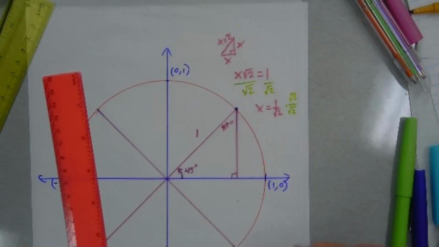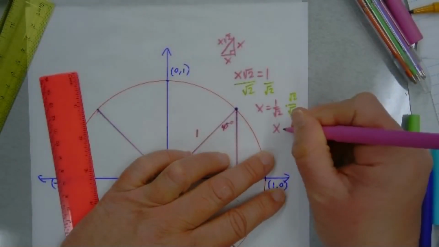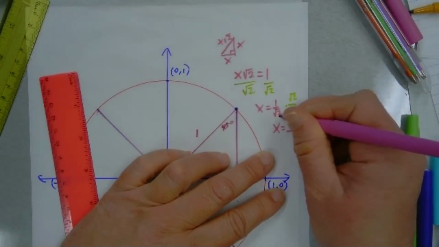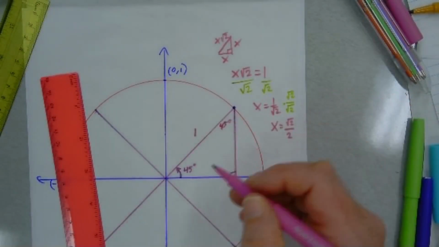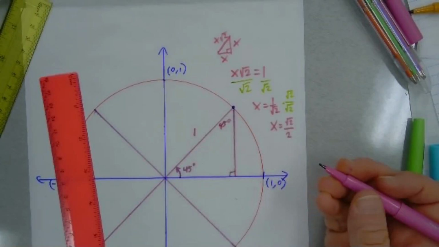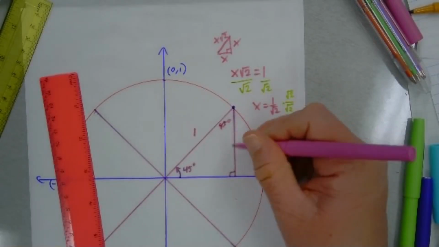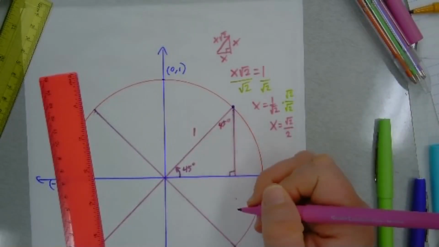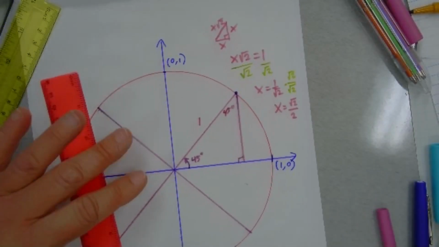So I have now fixed this, and I have 1 times root 2 is root 2. Root 2 times root 2 is 2. And so I know this length here is root 2 over 2. And this length here is root 2 over 2. So I'm going to color code each of those.